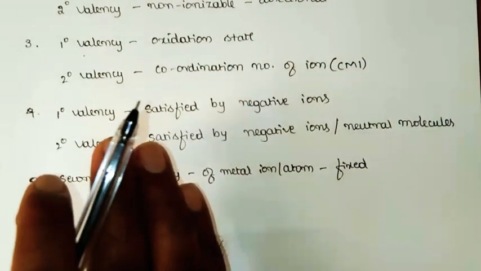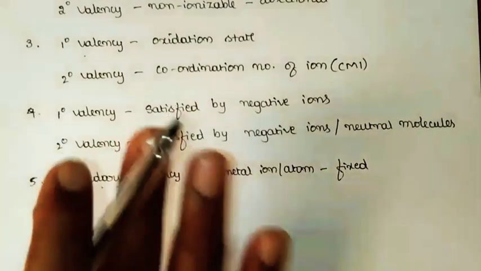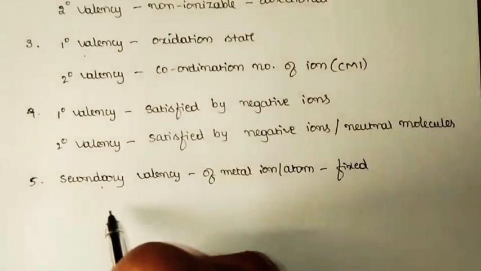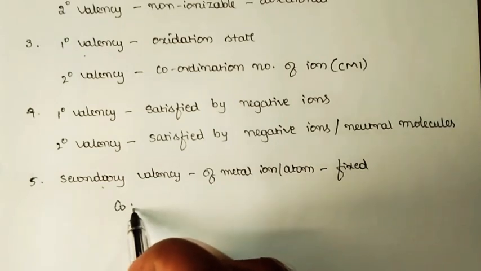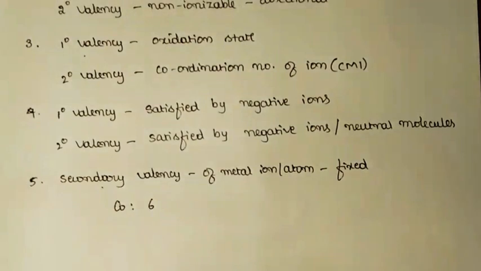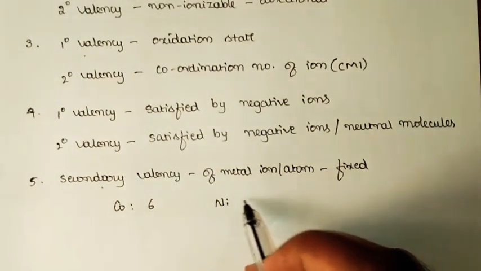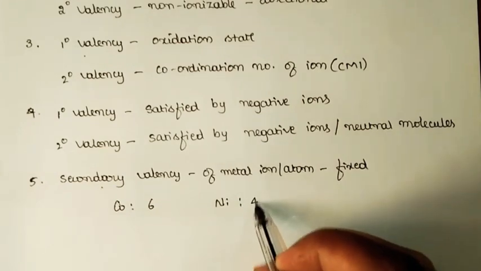If you consider a particular central metal atom or central metal ion, its coordination number will always be fixed. Say, for example, cobalt: its secondary valency is fixed, that is 6. And if you go with nickel, its coordination number will be 4.